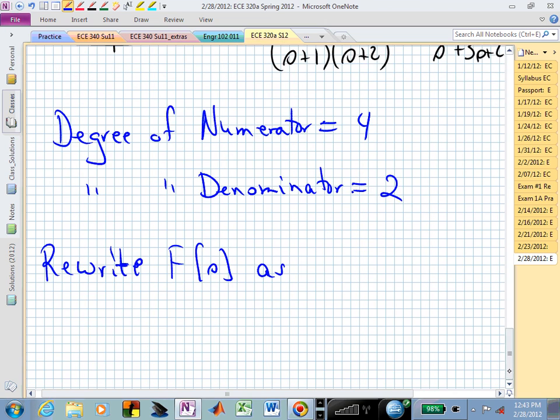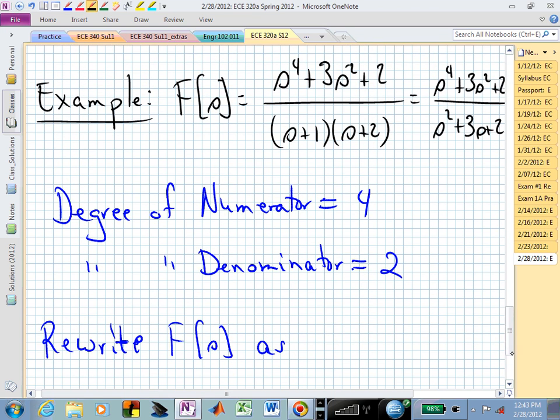So now you have long division. What am I looking for? I'm looking to rewrite f of s as, well, what would I expect? If I performed long division on f of s, what's the first result of that division operation? What term am I going to see first? An s squared term.